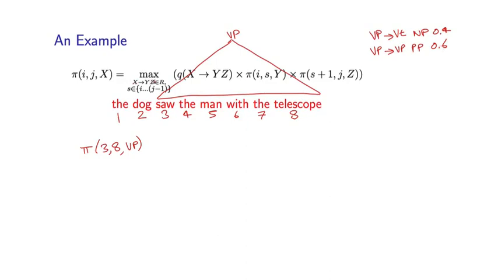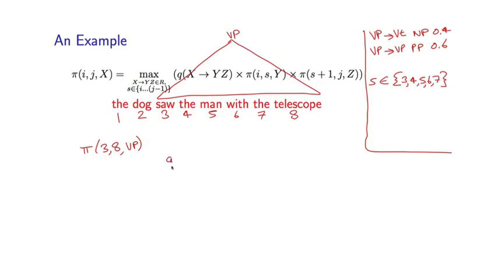I'm going to search over all possible rules in the grammar, and I'm going to search over all values for this value of s, and that actually means I'm going to search over s in the range, so i is 3 in this point, 3, 4, 5, up to j minus 1, j is 8, so that's going to be up to 7. So let's go through these options.